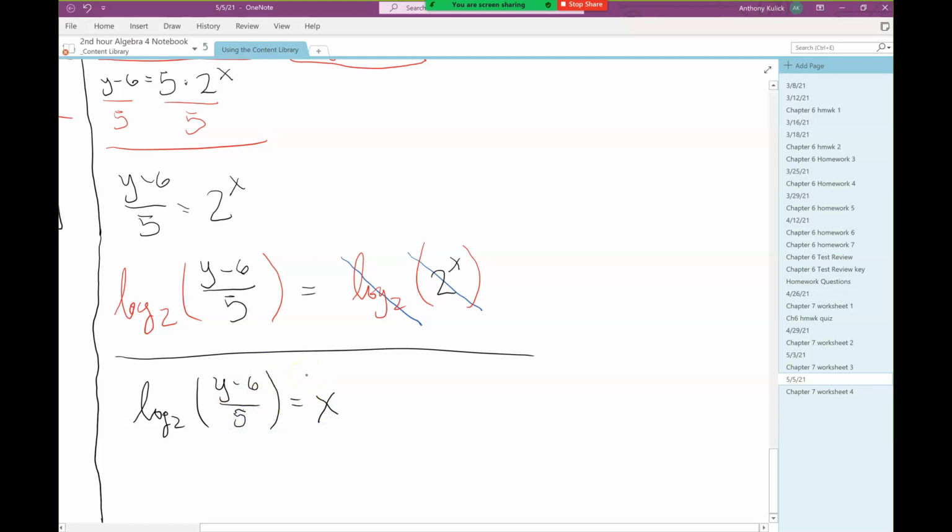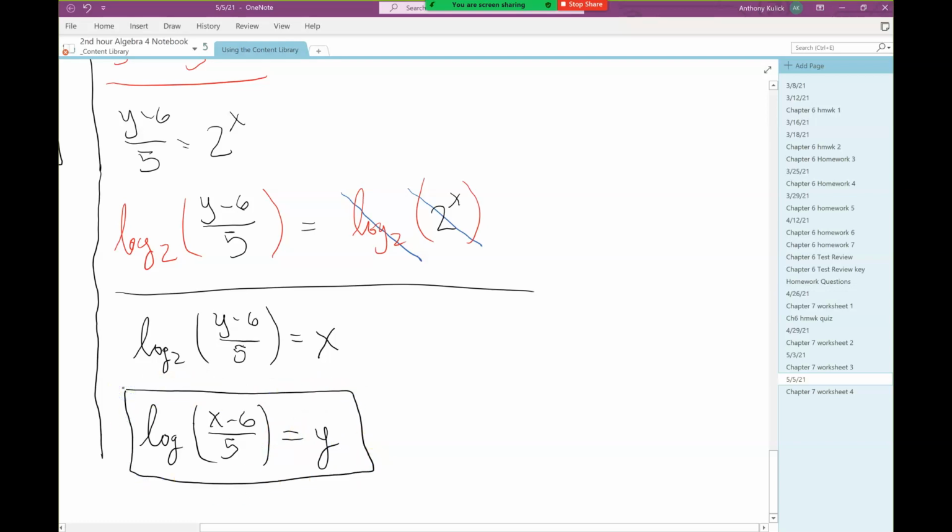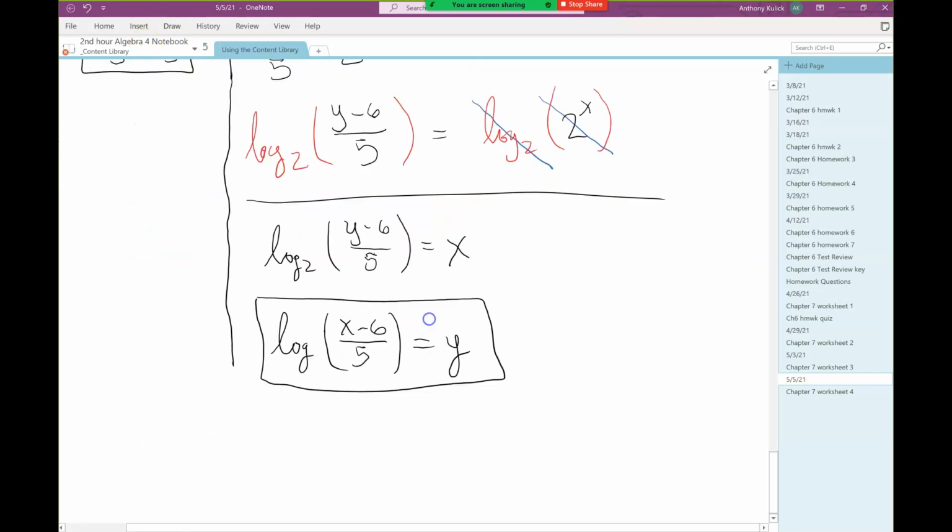And we're left with just the x. And then we just switch the names and we're done, right? Everybody okay there? Let's do another.